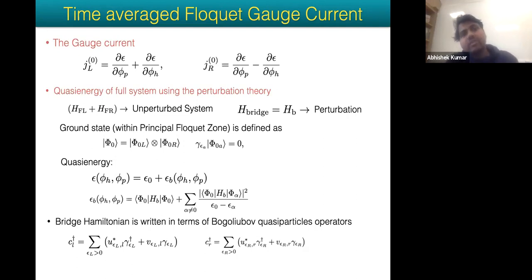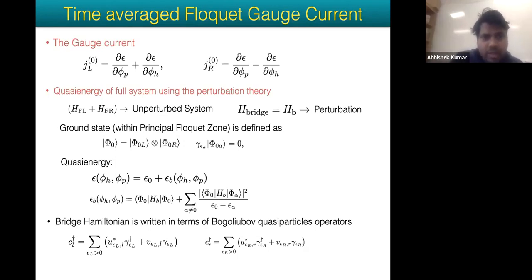A true ground state in a Floquet system is not well defined, but since we are considering high frequency, we will stick to one particular Floquet zone, and we construct a ground state by filling some lowest energy states.